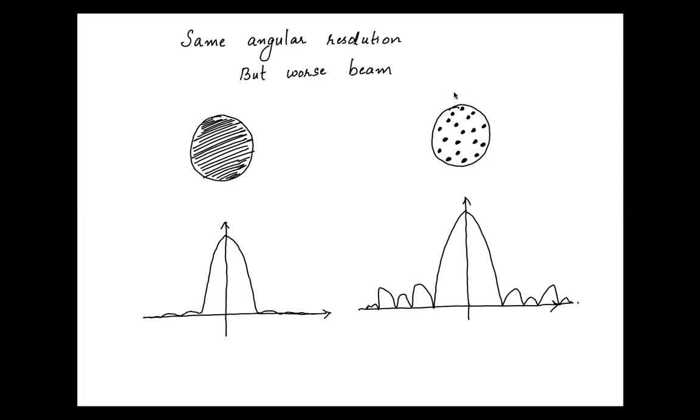So when you have an unfilled aperture, which is shown on the right, you have the main beam at bore site, and the width of that beam is very similar to the filled case. But of course, you have all of these what we call side lobes coming up. And that is just because you didn't have a filled aperture. These things have not averaged down to zero fast enough because you didn't have enough detectors.